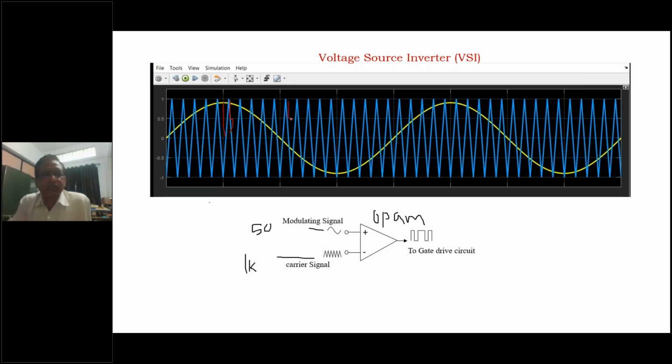And another is the magnitude of the carrier wave. So suppose this is AC, and this is AM. So the modulating index term is there, MA. It is the ratio of AM to AC.